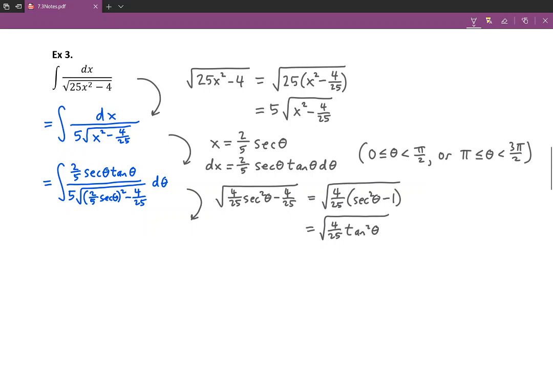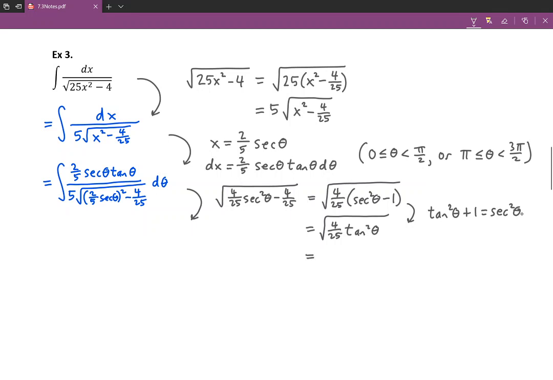We just write that off to the side here. The one we're using is tangent squared theta plus 1 equals secant squared theta. So if you solve that for tangent squared theta, you get secant squared theta minus 1. Just subtract the 1 over, and you can replace secant squared theta minus 1 with tangent squared theta.